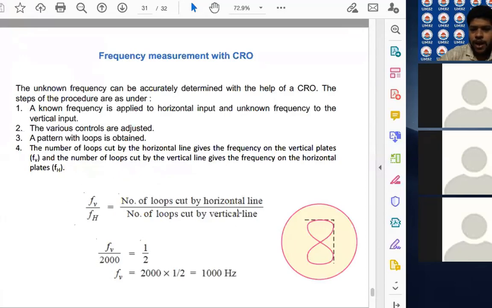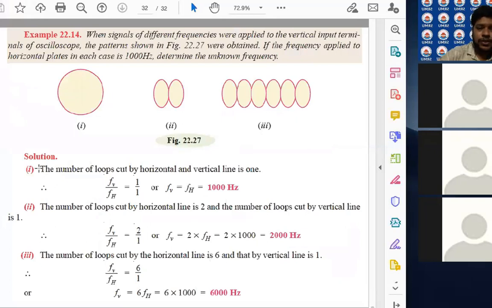This was the formula FV by FH. We already know what is applied on the horizontal plate, 1000 hertz. FV we don't know. So for all 3 figures we have to apply this formula and get the result. Let's go to the first question. Here you draw a horizontal line, draw a vertical line, and then we count how many loops it is crossing.